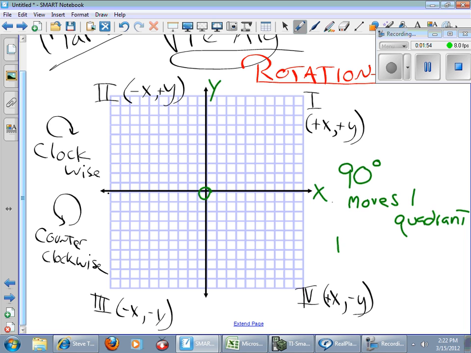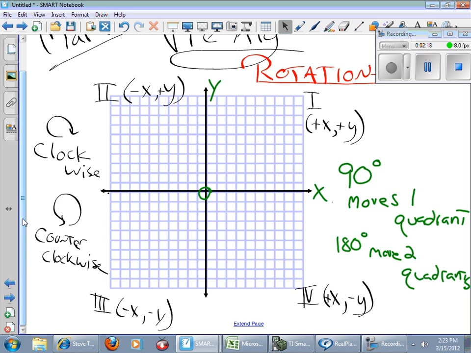And then 180 degrees moves two quadrants. If they ask you to go 270, you could move 3 quadrants if you wanted to. Hopefully you've taken a little bit of notes on that. You can use the graph paper I gave you in class as a model if you want.